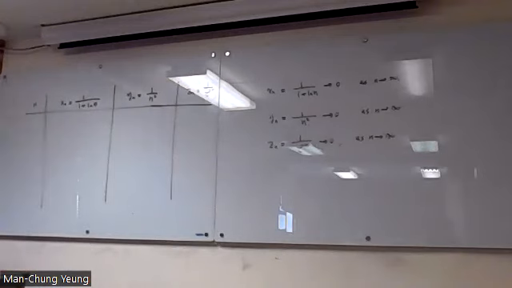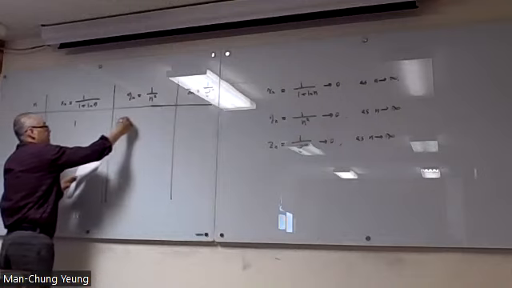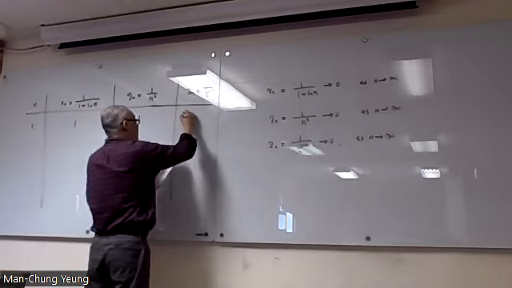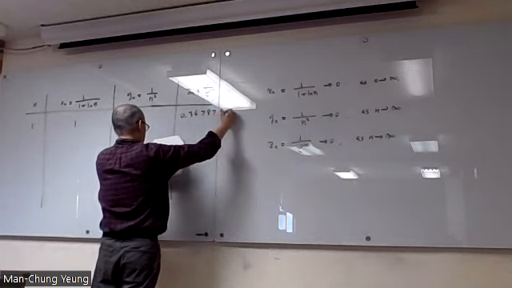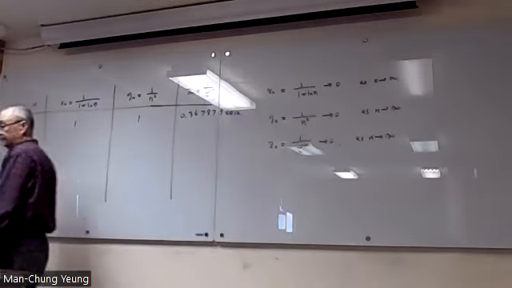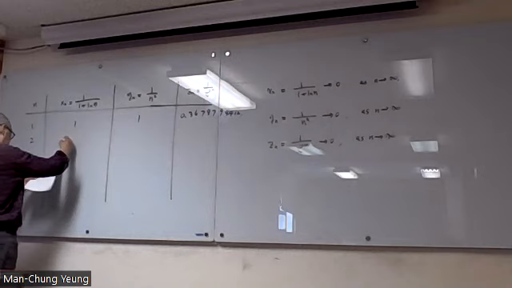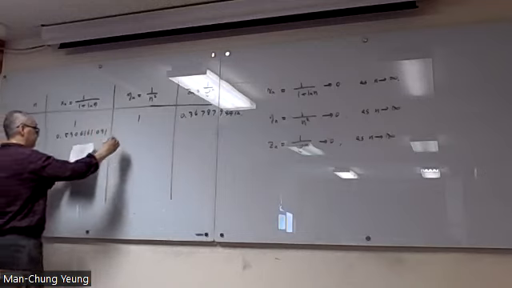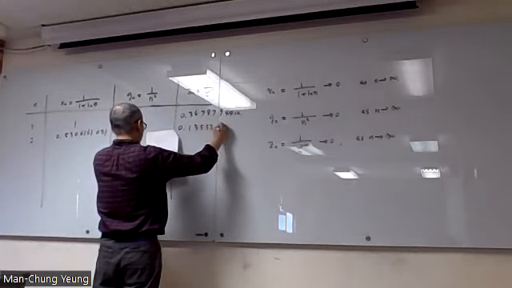Now pick some numbers for n. n is 1, then 1, this is 1 over e, 0.3678794412. n is 2, calculator: 0.5906161, and then 0.25, 0.1353352.